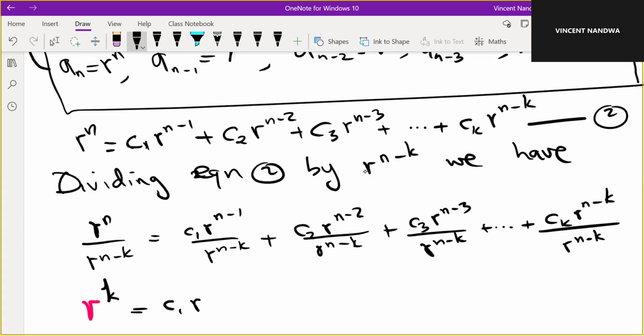So then now, can you simplify the next part? It's the same thing as when we started the term. So we have r power k minus 1, correct, plus C2. What will be the new power of r?